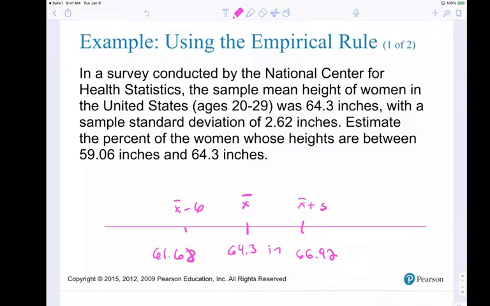Let's do two. Hey Siri, what's 66.92 plus 2.62? 66.92 plus 2.62 is 69.54.